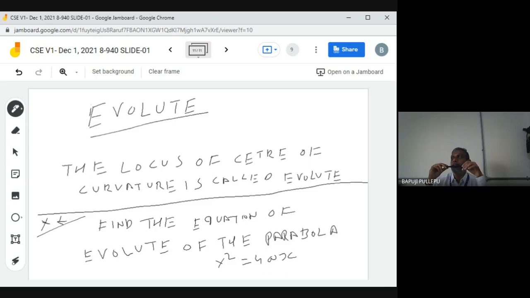Then similarly xy is equal to c square, rectangular hyperbola. What is the parametric equation? Rectangular hyperbola already done in the earlier session. X is equal to ct, y is equal to what?